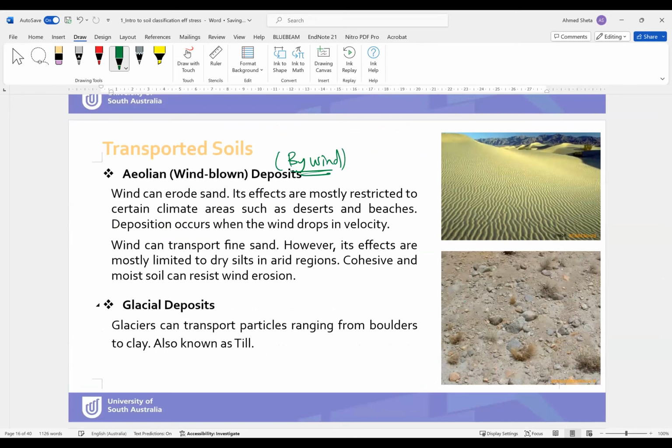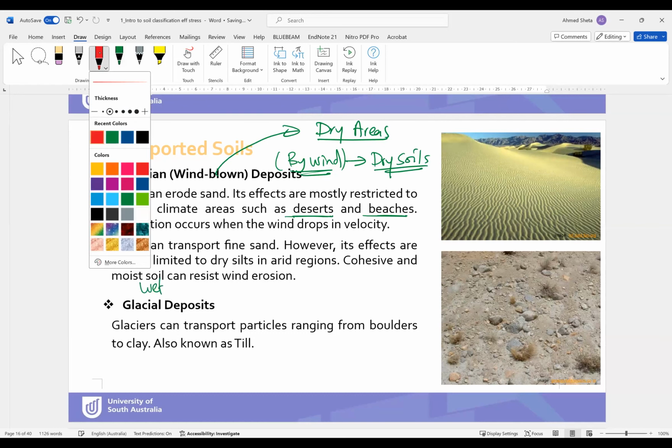This type of soil will be in the sands, in the deserts and beaches. So this type of soil is in the dry areas, and the wind can only transfer or move dry soils. Why can the wind not move wet soil? Do you have any idea about that?